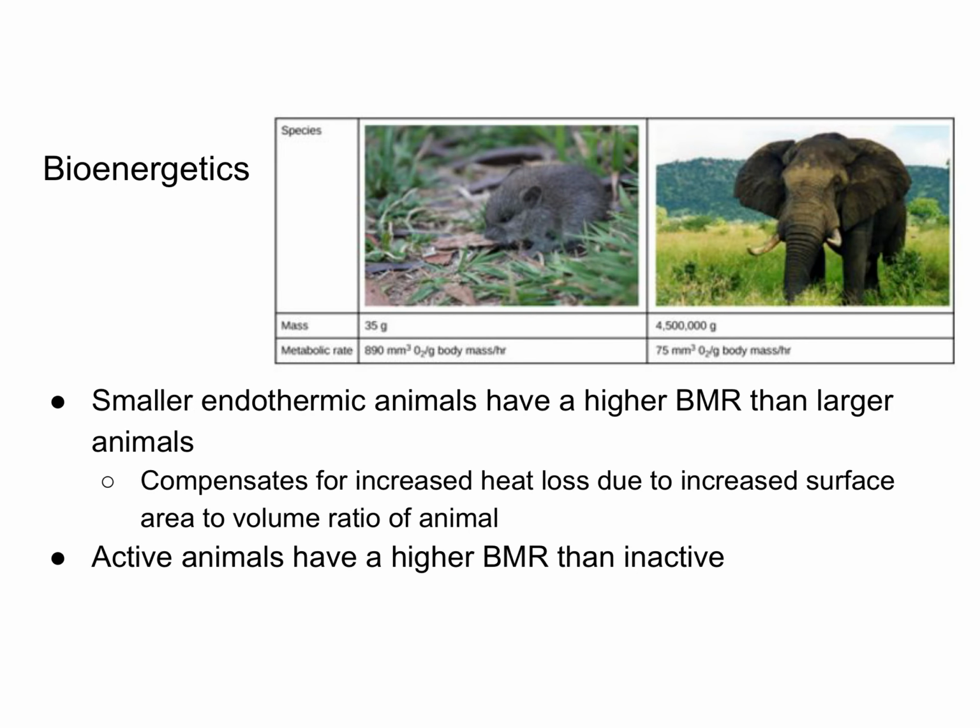The basal metabolic rate of organisms is based on a couple of different factors. First of all, we're focusing on endothermic animals here, and these are the ones that we also just call warm-blooded. These are animals that are able to maintain a homeostatic or set internal body temperature. And smaller endothermic animals have to have a higher BMR than larger animals.